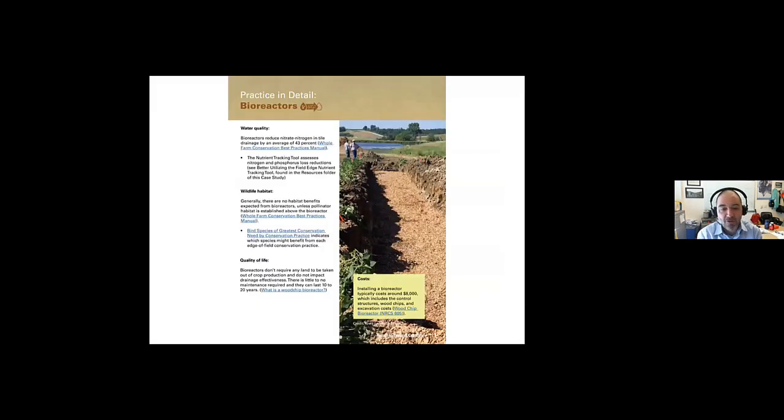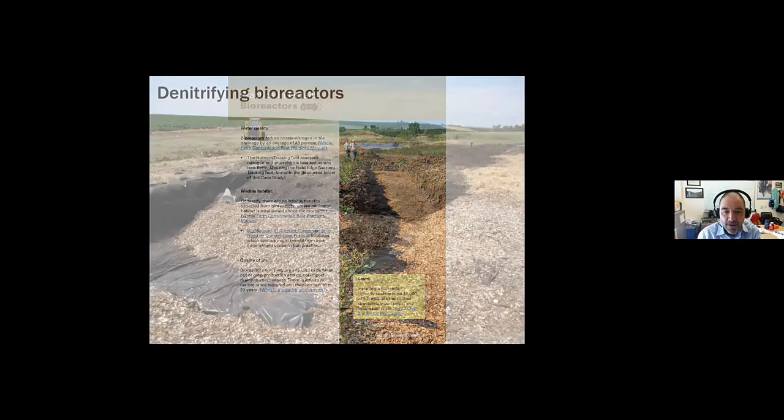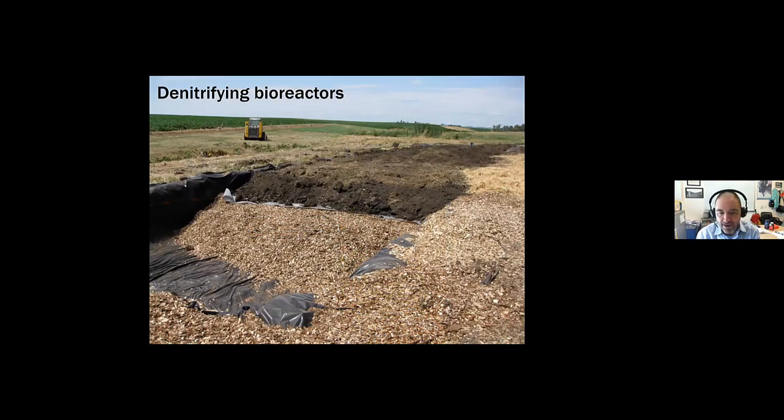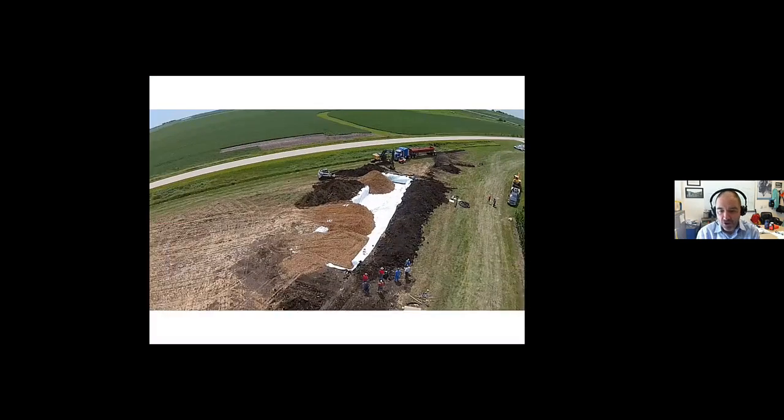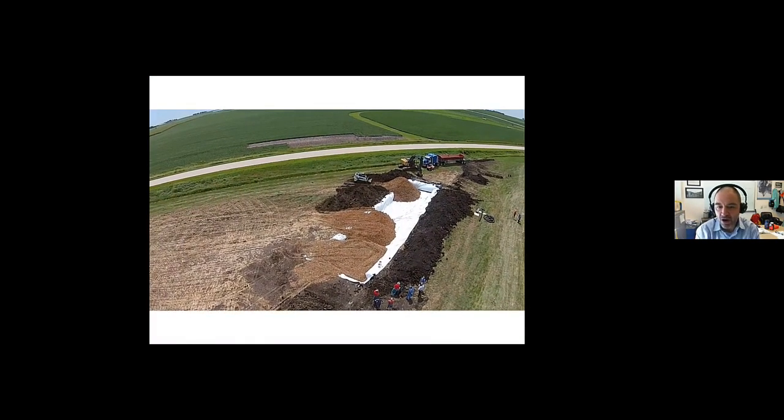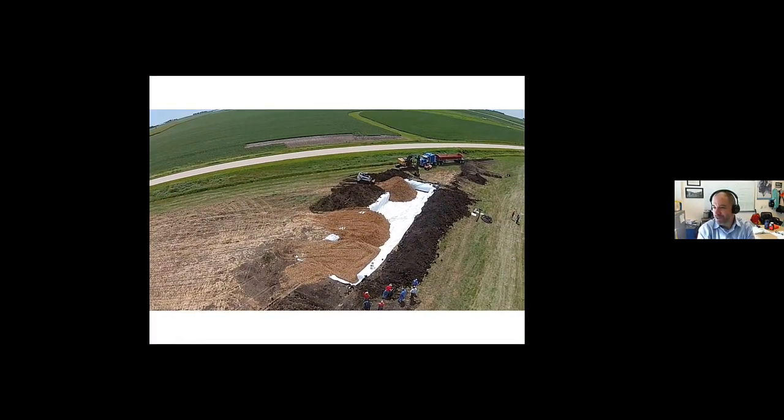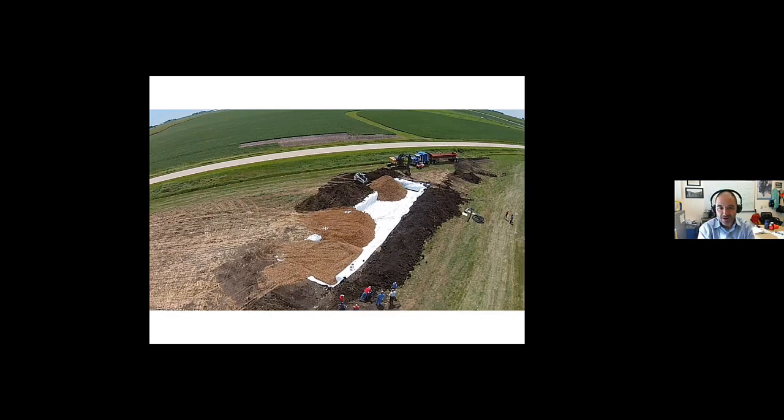Okay, as we think about the bioreactor, wood chip trench is what I tend to refer to it as. Again, there is a practice in detail for the bioreactor. We're talking about that wood chip trench that we route a portion of that drainage water through to promote denitrification. So here is just a short video of installing one of those, because once they're in, there's not much to look at.